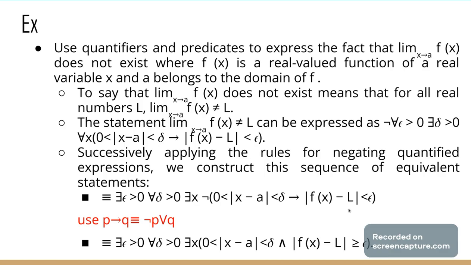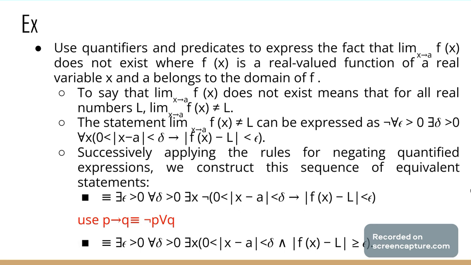This inside statement, the left hand side is P, implies the right hand side Q. So P implies Q is equivalent to not P or Q. So this will become not 0 less than absolute value of x minus a less than delta, and this Q will become, or, absolute value of f(x) minus L less than epsilon.